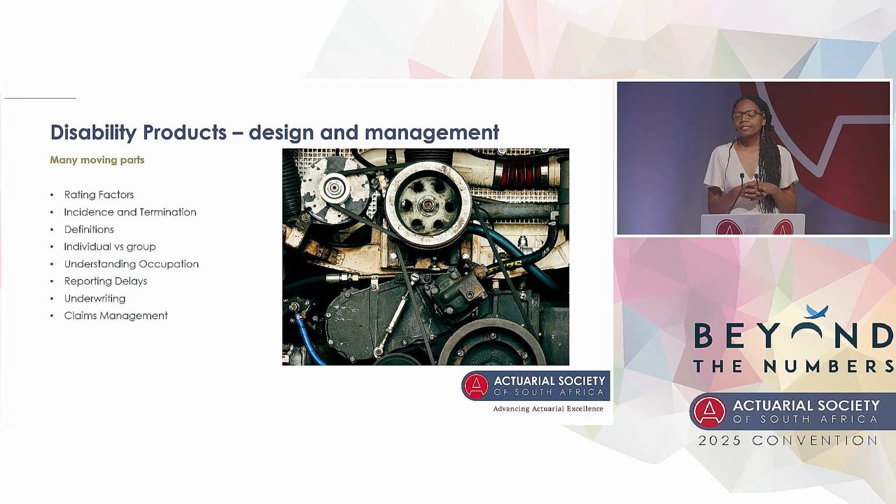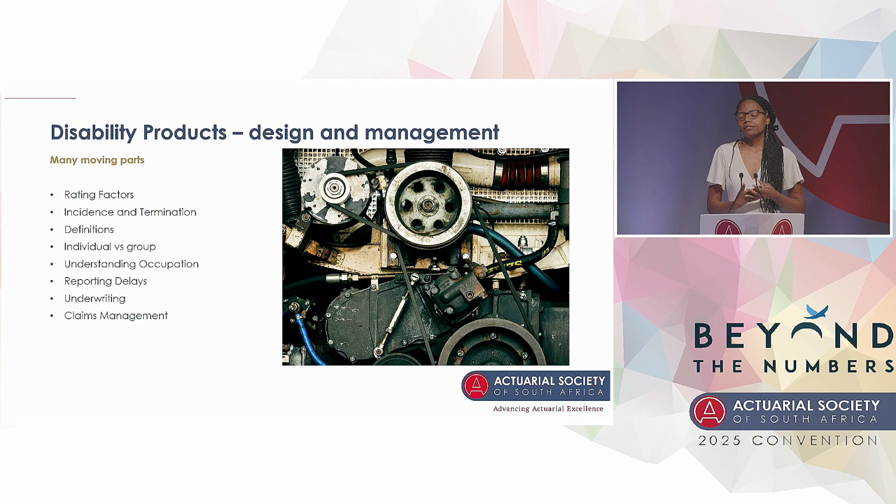Another factor is that we have multiple disability definitions and changing definitions over time. Additionally, there are very long reporting delays that vary by deferred period and product type, and this just adds more complexity to these factors. Finally, disability products are also far more sensitive to claims management practices and underwriting practices than death benefits.